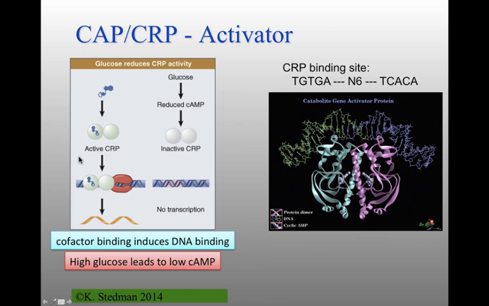You can see the little gray balls right here. Once it's bound, then this CAP or CRP binds to DNA. It binds to DNA, and again in this inverted repeat sequence, and you have transcriptional activation because this part of the protein right here now interacts with the alpha subunit of the RNA polymerase and helps it bind to the DNA.